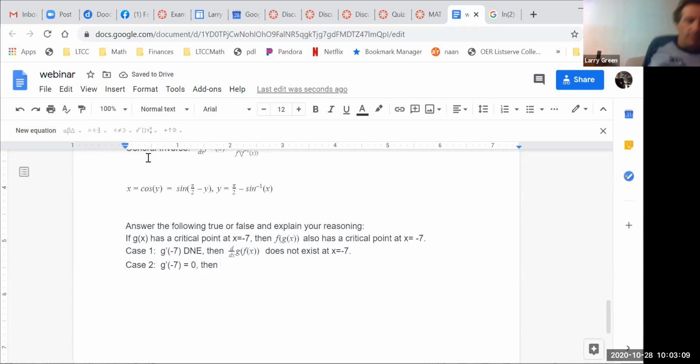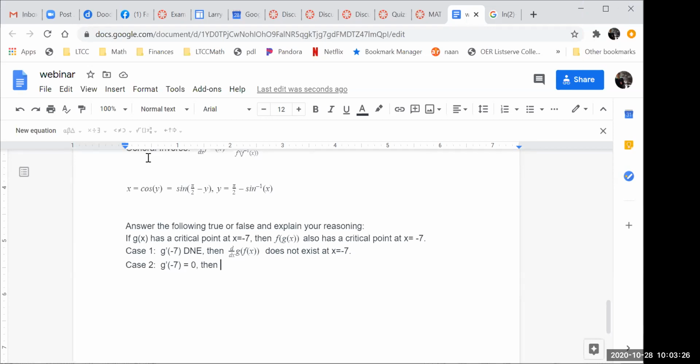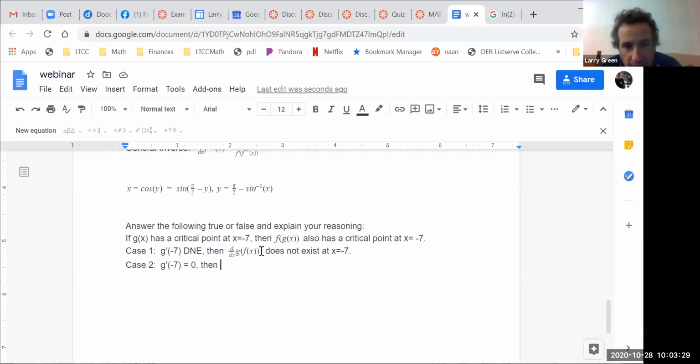Then, well, what is the derivative of f of g of x? What rule do we have to use? Yeah, the chain rule. So let me copy this so I'm going to type it again. Oh, sorry, I got it backwards.